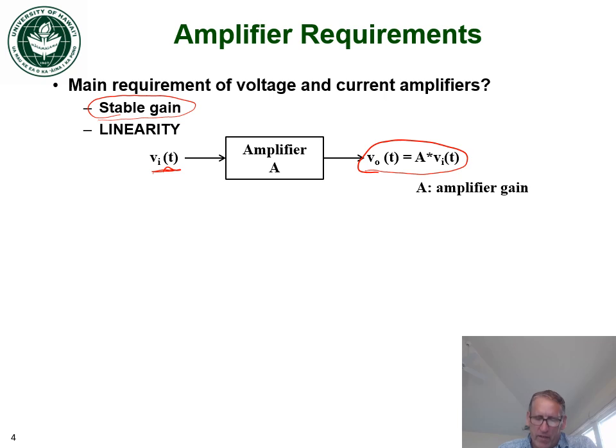Where A is the amplifier gain, if we have a perfectly linear amplifier, we see just a scaled version of the input. However, if we have some nonlinearity, then for an audio signal, for example, we're going to get distortion. We might have harmonics, and this is going to result in distortion, and the audio signal output would not sound the same as you expected.